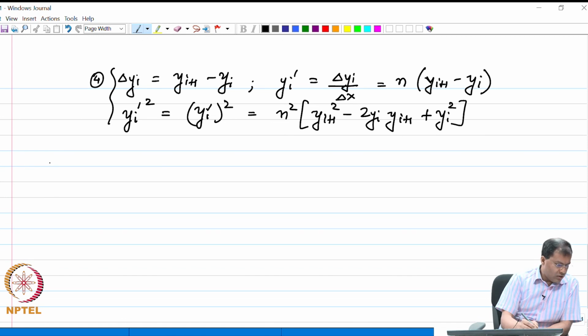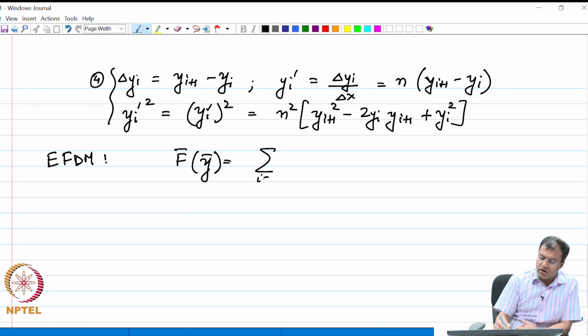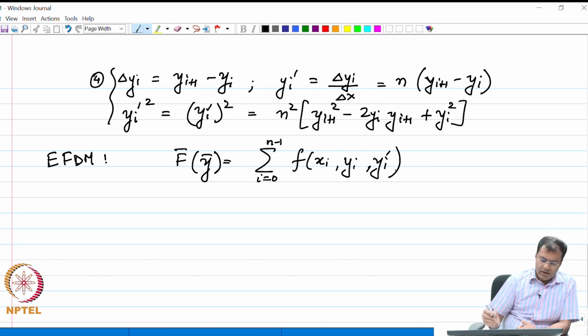So, Euler's finite difference method reduces to the following function. We see that my vector function is as follows. This is also equal to the summation i from 0 to n minus 1 of f of xi, yi, yi prime, times delta x. It is a uniform grid, and we see that this is also equal to plugging in all the values inside this integrand.